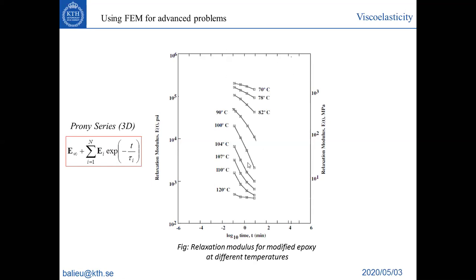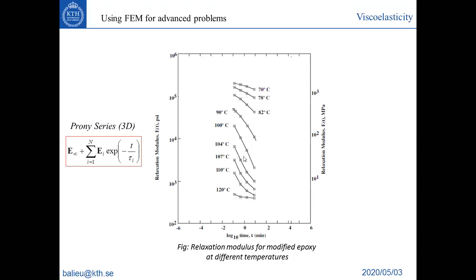This is an example on a polymer material. If you perform a relaxation test at different temperatures, you can have this result. Here you have the same time base, and a relaxation test for many temperatures.